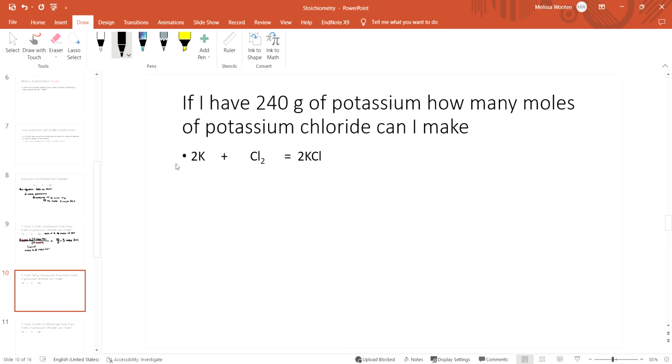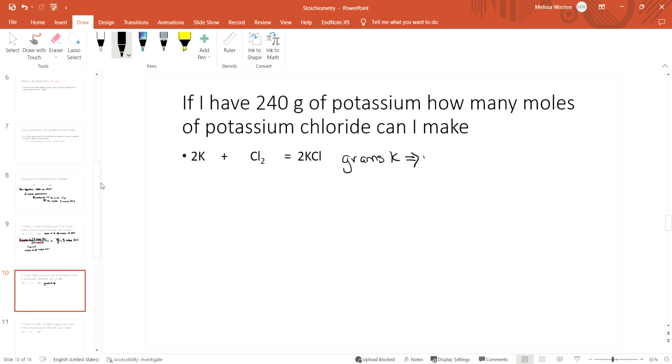Now this is similar to the question where I proposed I have 50 grams of bread and each slice weighs 5 grams. How many sandwiches can I make? We're doing a similar thing here. If I have 240 grams of potassium, how many moles of potassium chloride can I make? So I have to go from grams of potassium.